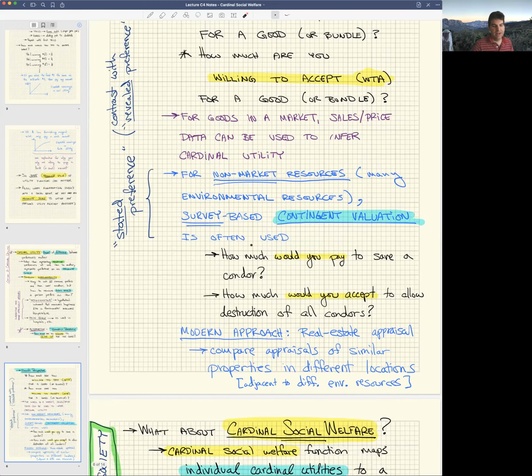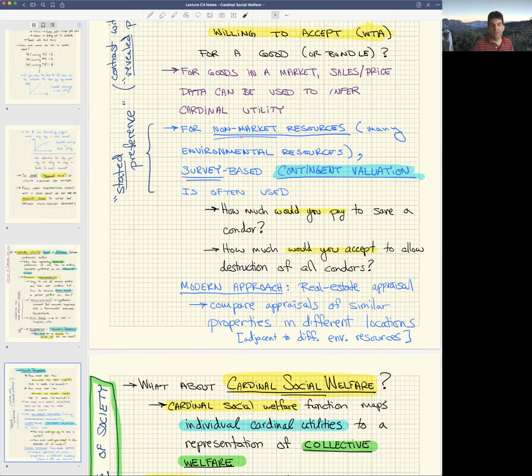It's still hard to get people to answer these questions, and so we trick them. We do that by looking at real estate data. Environmental resources have an interesting property: at least a lot of them tend to be near homes.